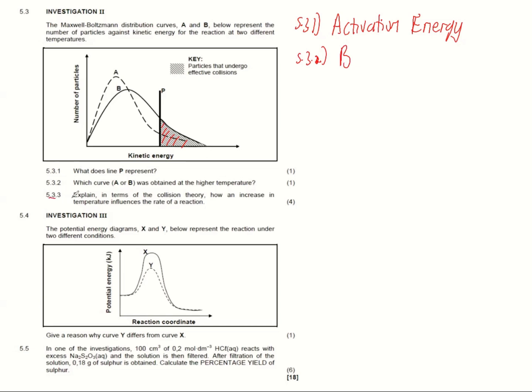Now 5.3.3 says explain in terms of the collision theory how an increase in the temperature influences the rate of a reaction. Again, you have to explain fully. So this is how you explain.